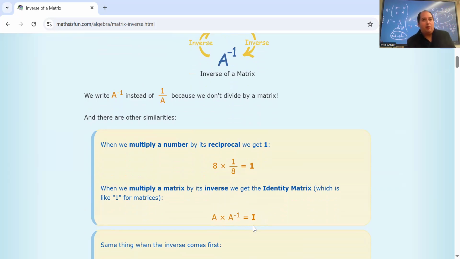Remember, the identity is one matrix with all the elements on the diagonal 1 and outside the diagonal 0. Identity.